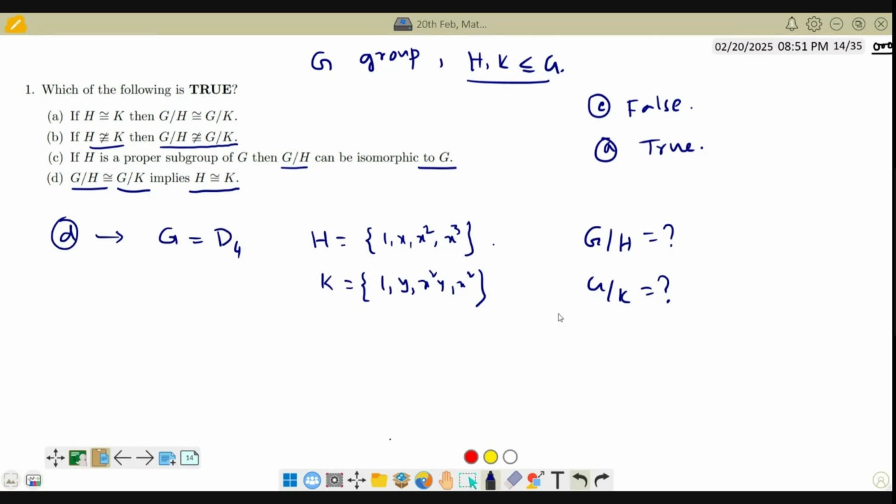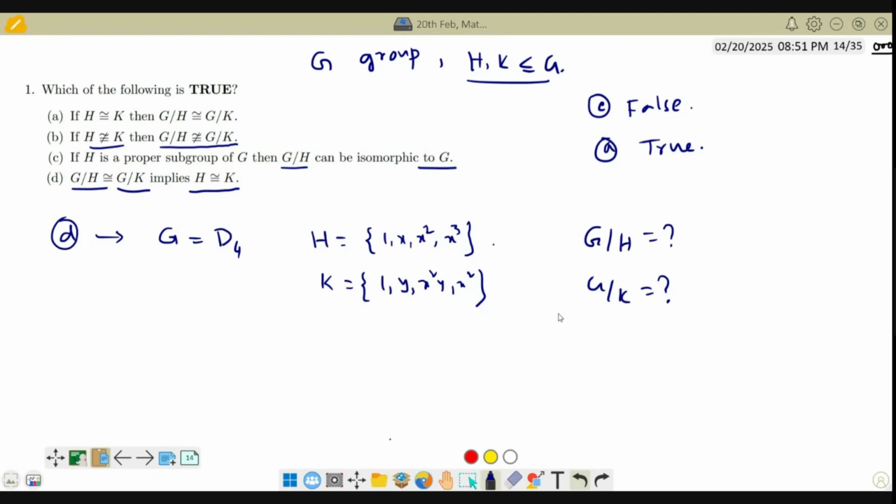Yes, sir, because their index in G is 2, so normal. But why are H and K not isomorphic? Can you give an argument? H is a cyclic group, but K is the Klein four-group. H is generated by x.